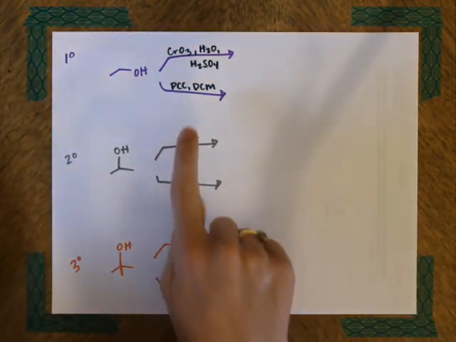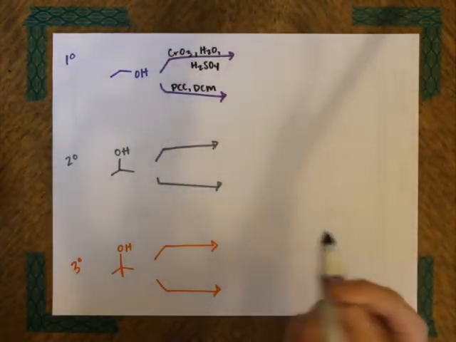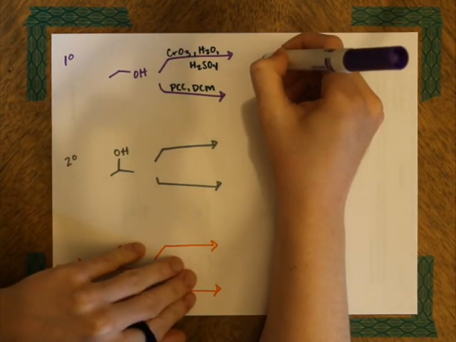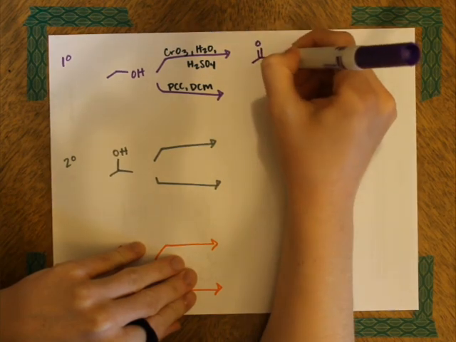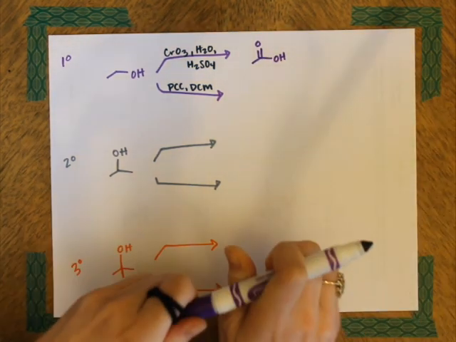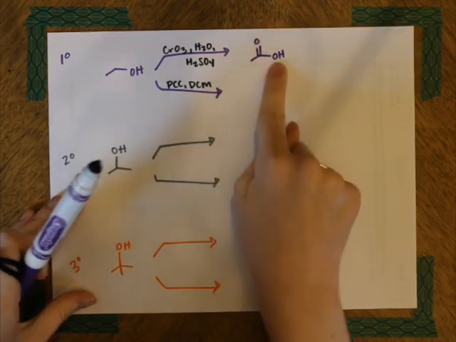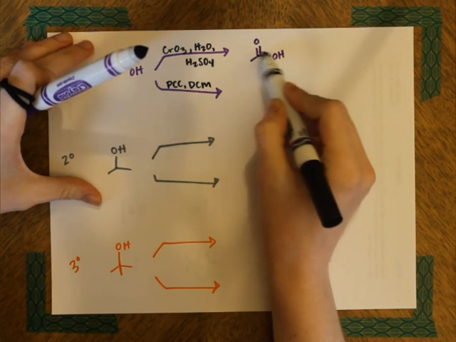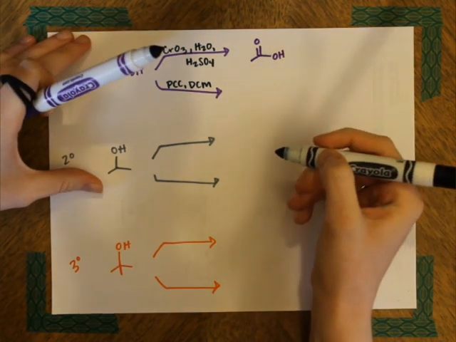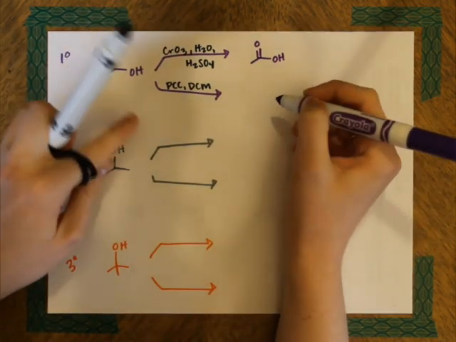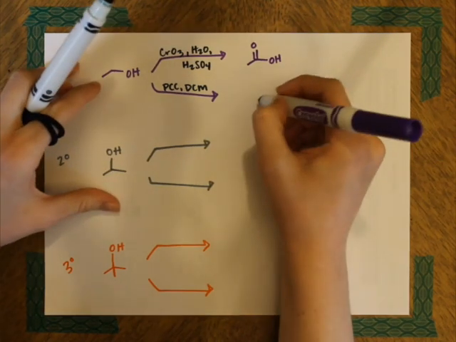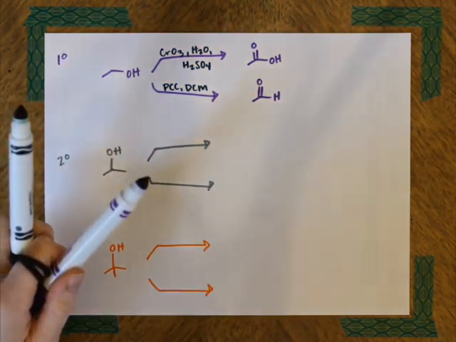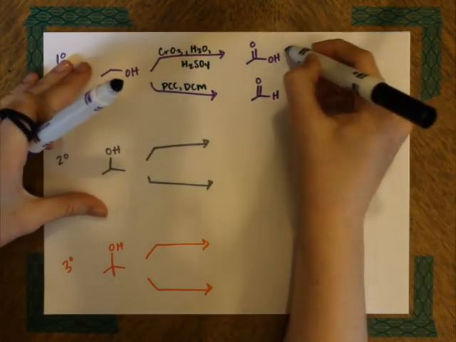If I react this with Jones oxidation conditions, I'm going to wind up getting a full oxidation to a carbonyl with a carboxylic acid, instead of just an aldehyde or ketone. In this case, if I did PCC and DCM with my primary alcohol, I'm going to end up with an aldehyde.